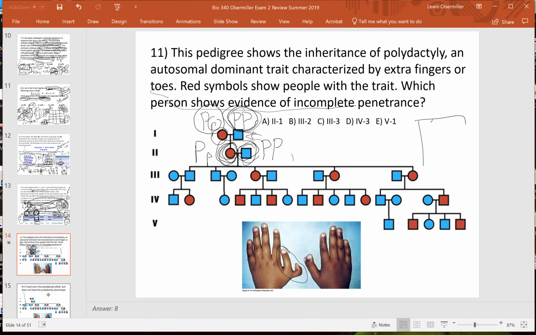So we can set up our Punnett square again. We have big P, which is this parent here, and then this one would be big P. So we would end up with big P, big P, big P, big P, big P, little p, big P, little p, right?